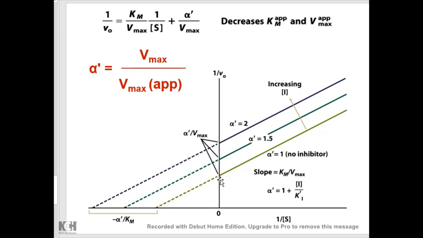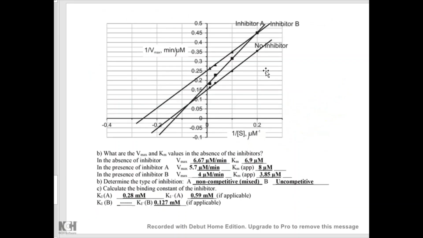So basically, you take a look at the intercept points for uninhibited and inhibited reaction. Let's go back to our lines. So we have a line for non-inhibited reaction right here. So I will actually determine already Vmax for non-inhibited reaction, 6.67 micromolar per minute.